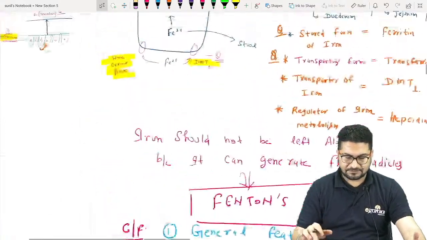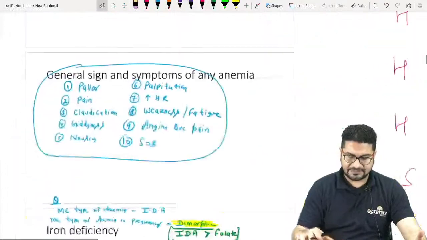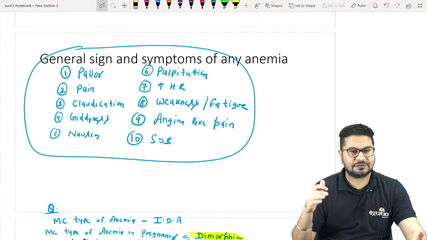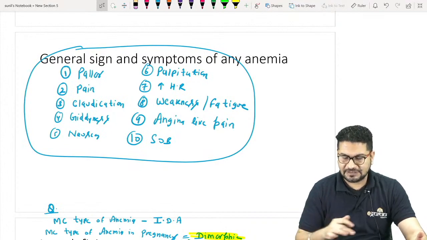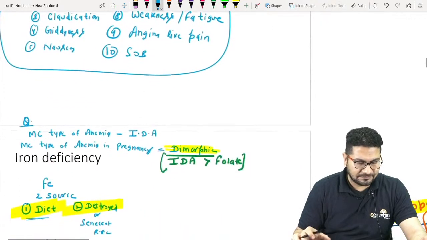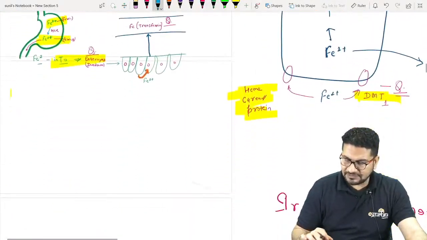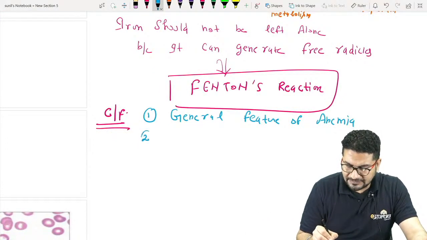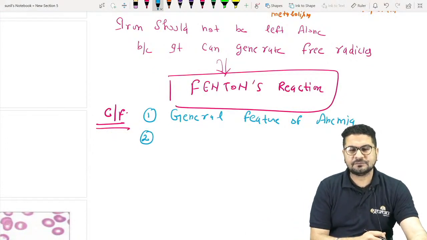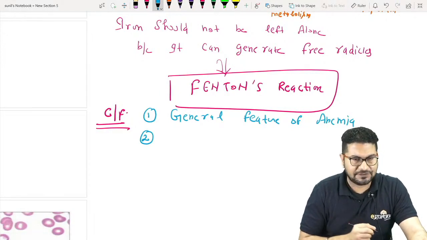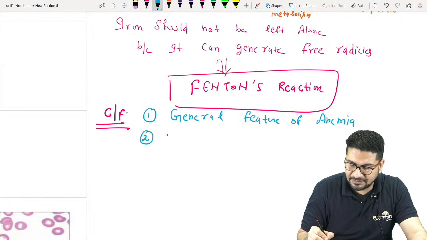Fatigue, pallor, claudication pain, giddiness, dizziness, weakness, tachycardia, palpitation, SOB, shortness of breath. These are general symptoms. But along with this, there are some special features. The first special feature that the patient can develop is chillosis.